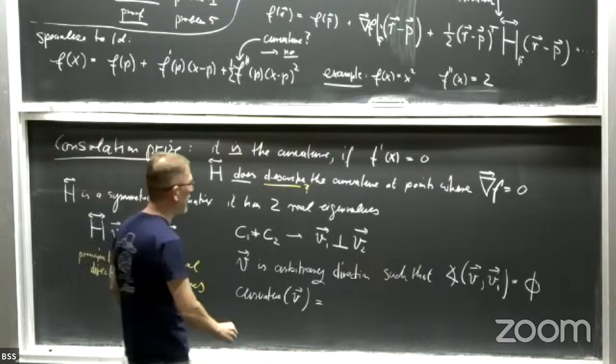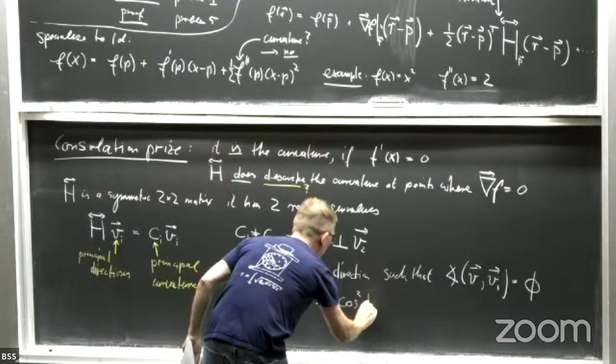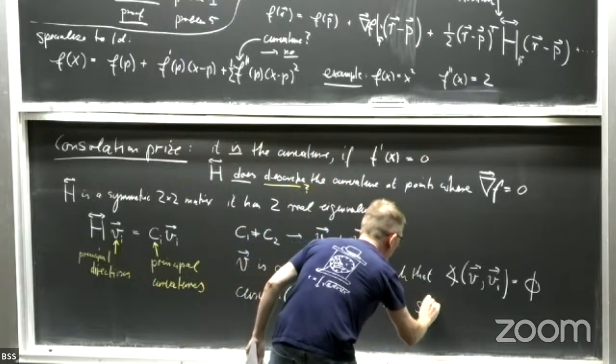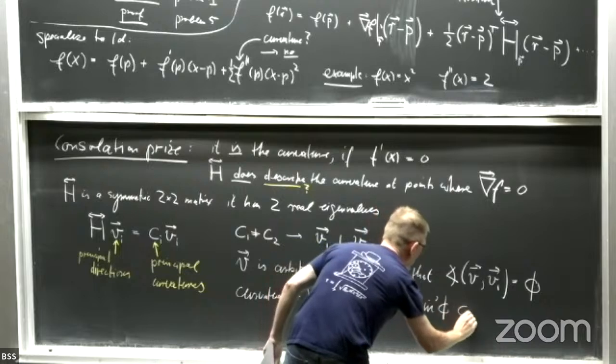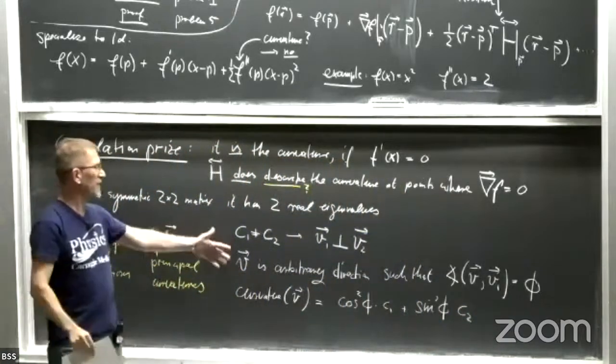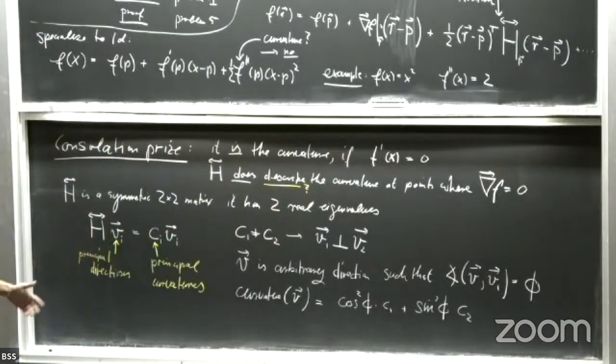In fact, it turns out to be cosine squared phi times C1 plus sine squared phi times C2. You realize that this goes back to what we said for phi equal to 0 and 90 degrees, but it's also true for anything in between.